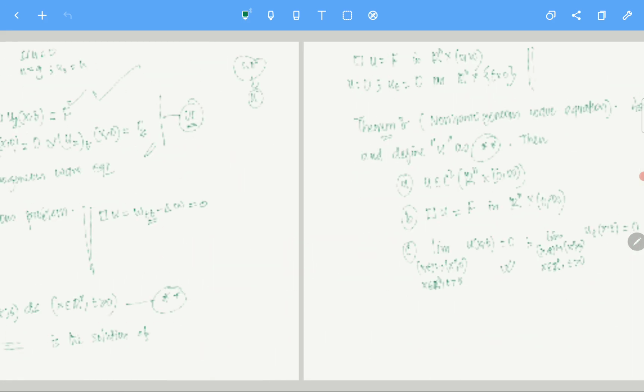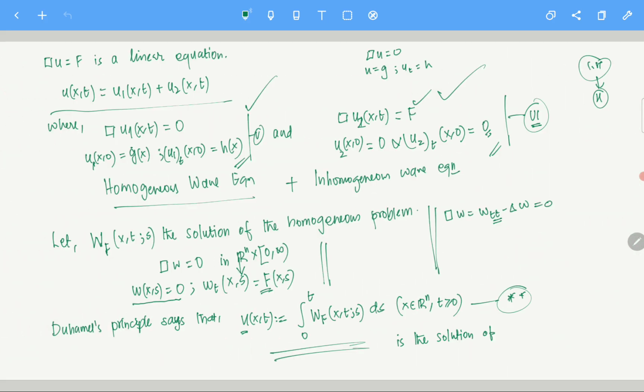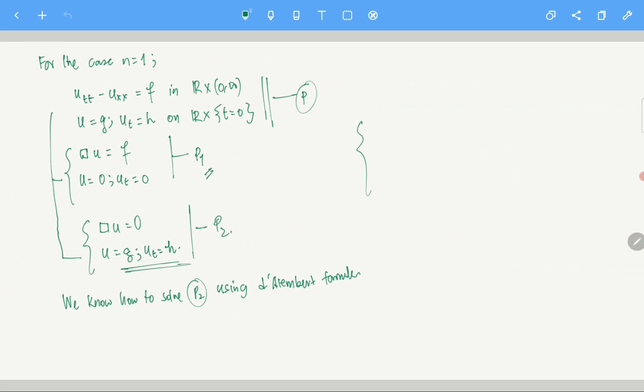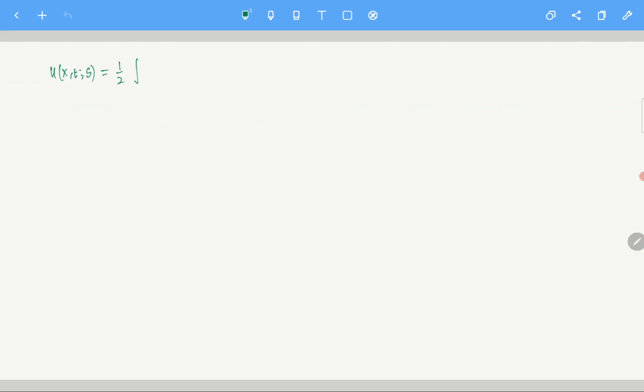So let me write down this problem. Let's call this problem MP. So u of x, t, s is the solution of MP for n equals to 1. And how does it look by D'Alembert's formula?